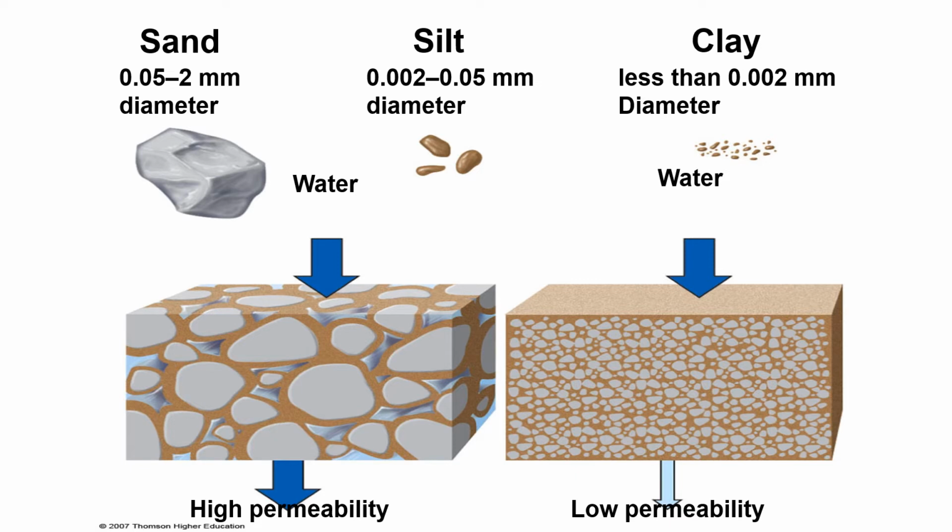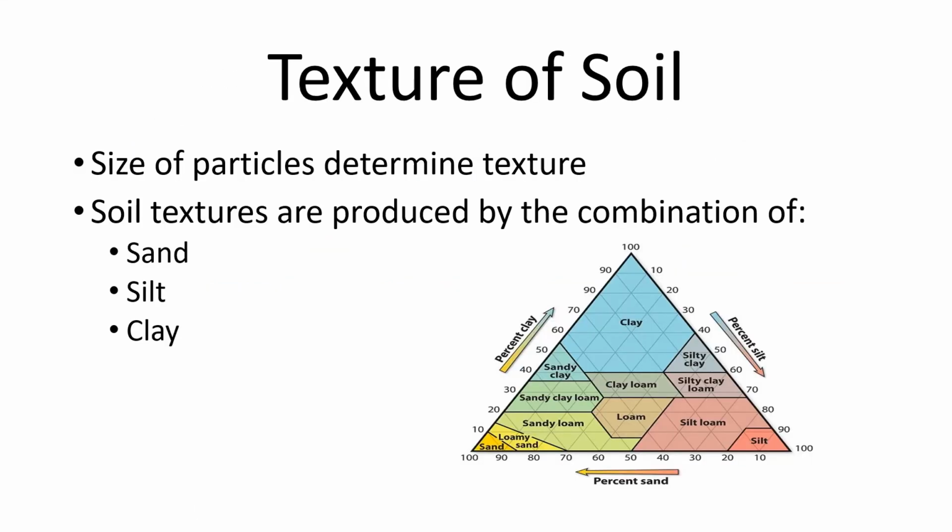On the opposite end, the smaller the particle, the higher the water holding capacity and the lower the permeability. Looking at these three different particle sizes, we can determine what texture the soil is, because soil textures are a combination of those three sizes.